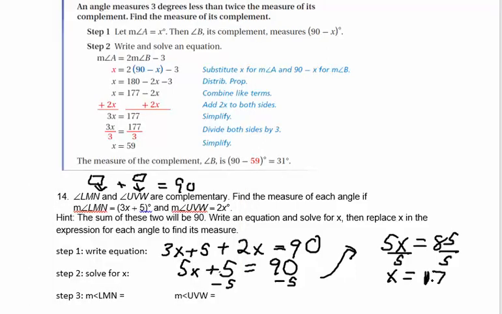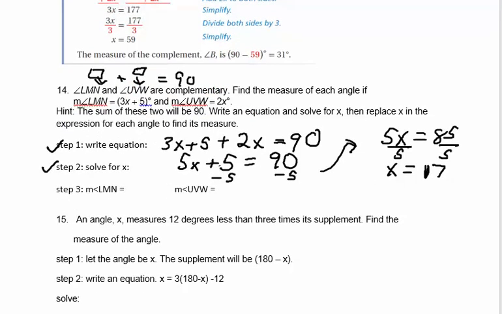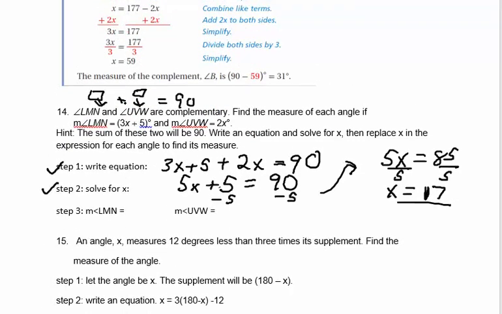So x is 17, but that's not the answer. The question asks, find the measure of each angle. So now I know what x is. I wrote the equation, I solved for x. Now I have to find the measure of angle LMN. I find that by taking what x is and putting it back into 3x plus 5.